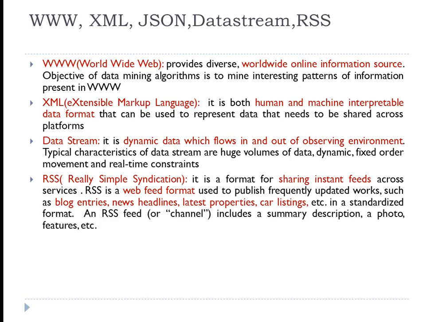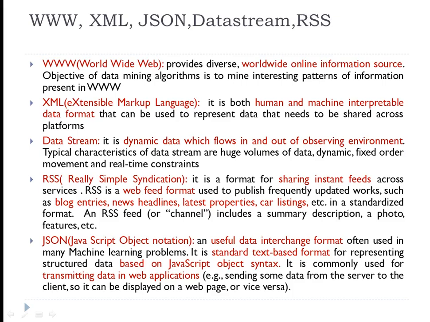Normally it will have a particular format, like a summary description, a photo, and some features. So it's a format for sharing instant feeds across services. That's an example of RSS.